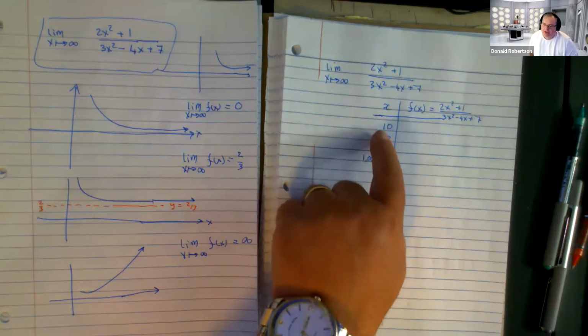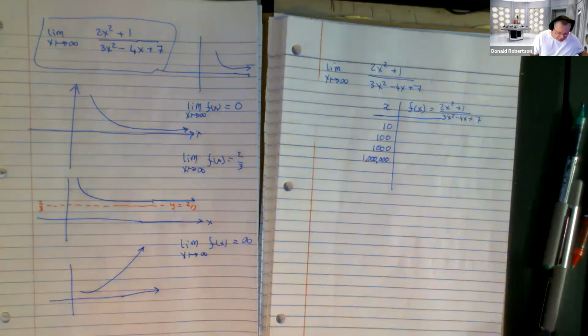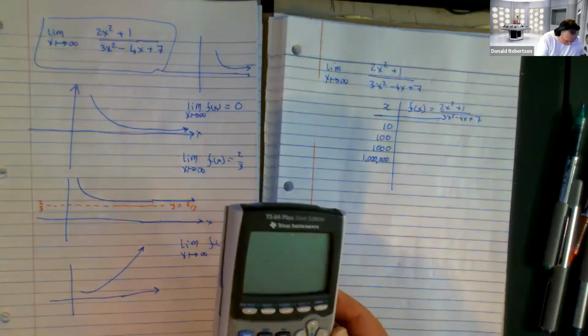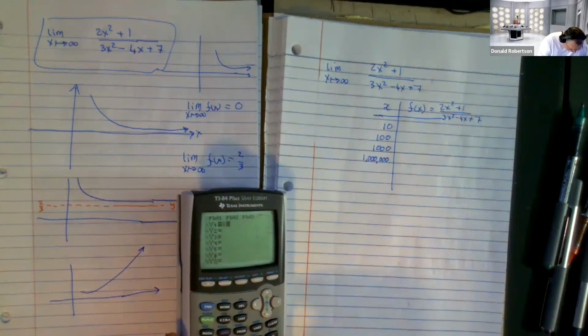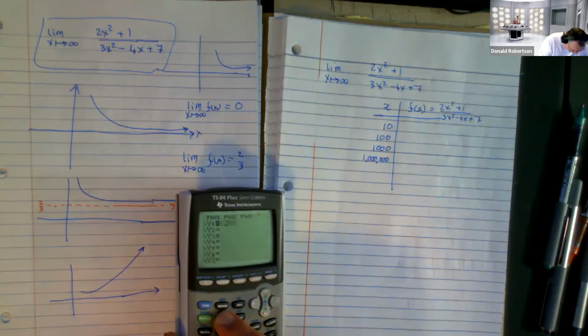And for each one of these, we will find the value of this function, which is what your TI-84 is really quite good at doing. So put in y equals, put a bracket around it, as we always should by now, because we've mentioned it a lot of times, the order of calculations can screw things up if you don't put brackets in.